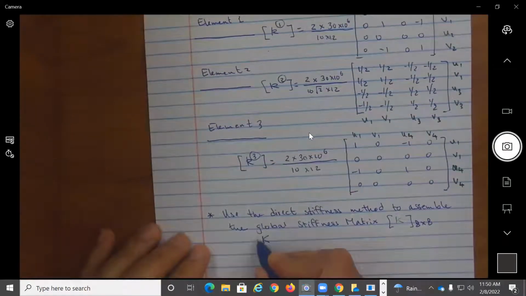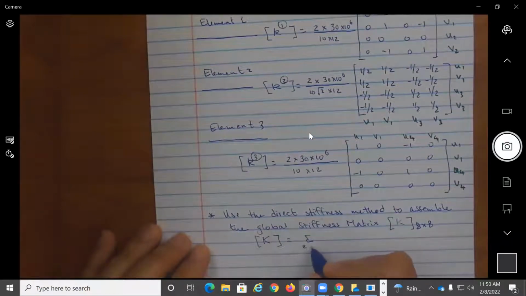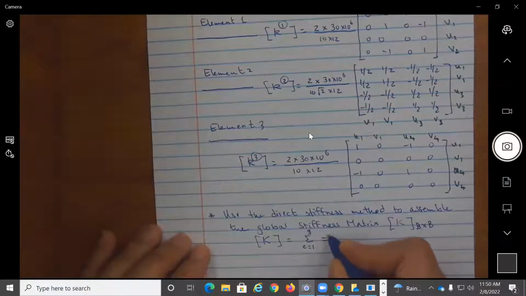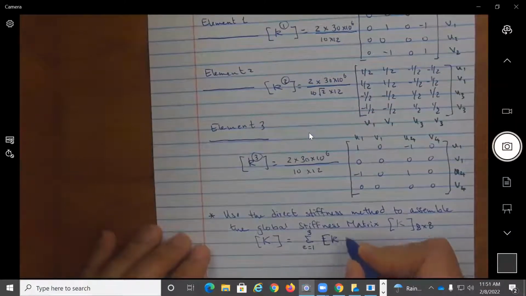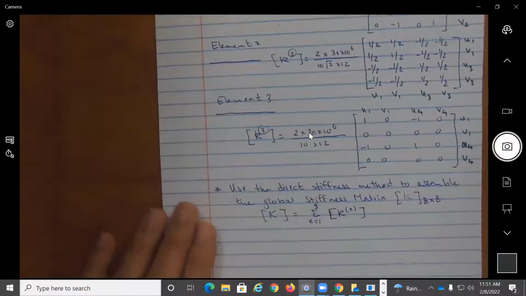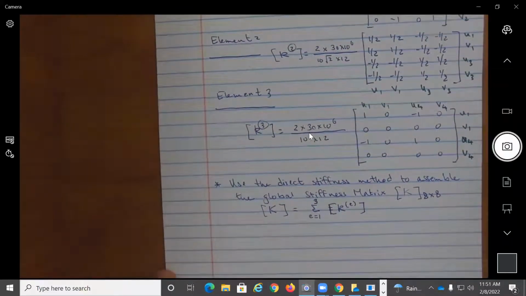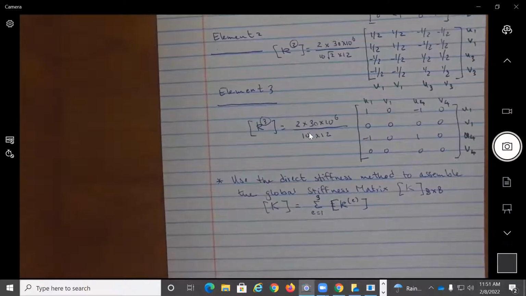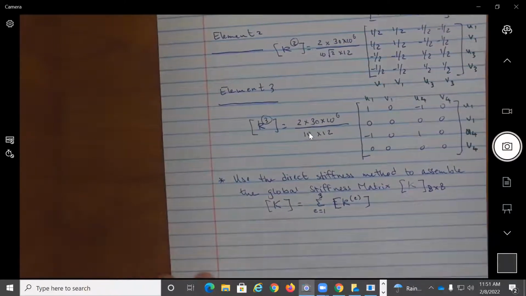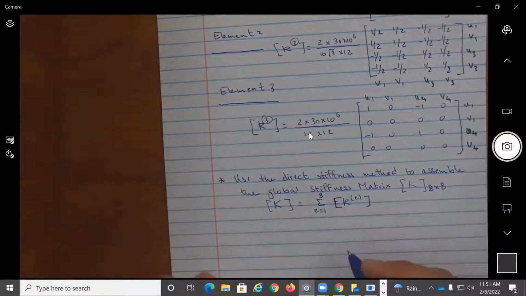K is equal to the sum from E equal 1 to 3, because we have 3 elements, of K E. So now I need to make sure I have an 8 by 8 space to write my stiffness matrix.